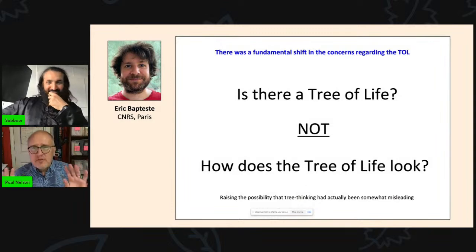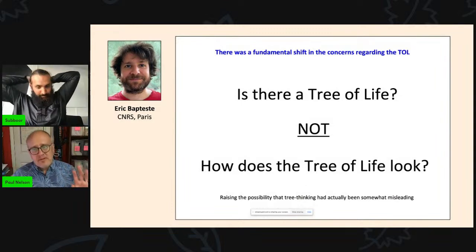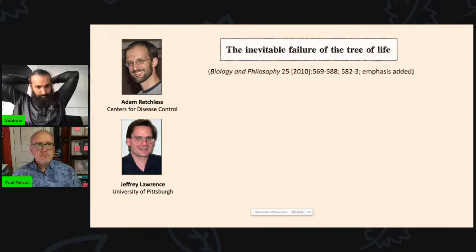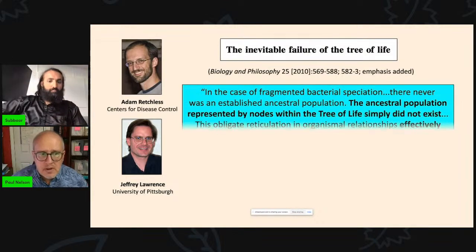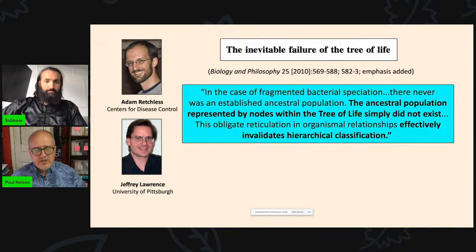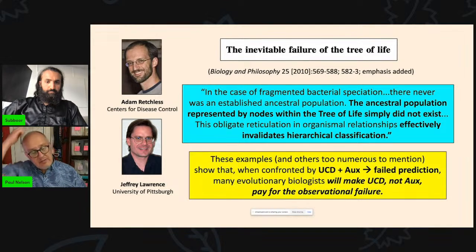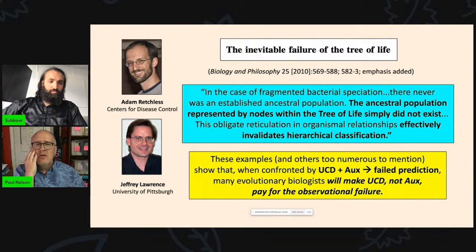This is being driven by his attempt to grapple with the data. He's hardly alone. Adam Rechlitz and Jeff Lawrence in this paper, again, this is now 13 years ago, so this controversy has been brewing for a long time. The title of the paper is The Inevitable Failure of the Tree of Life. I think that's the title of the paper.